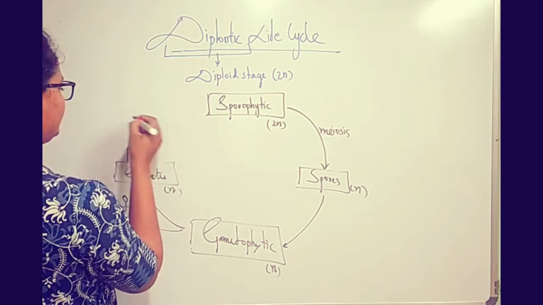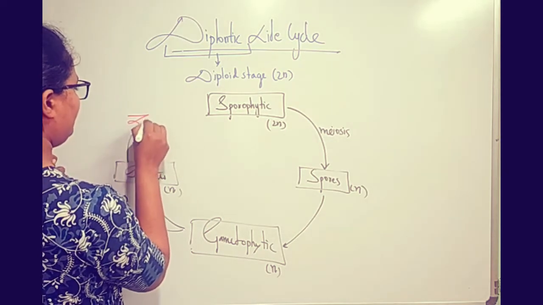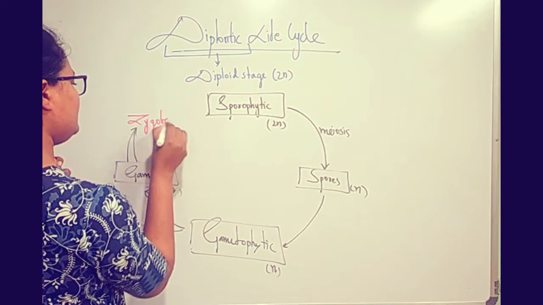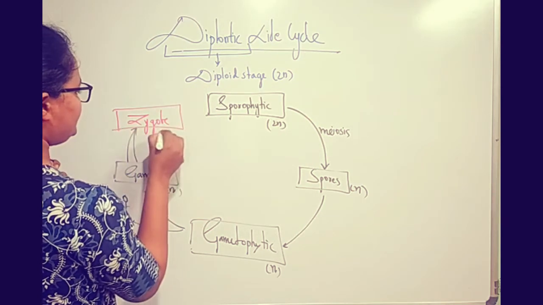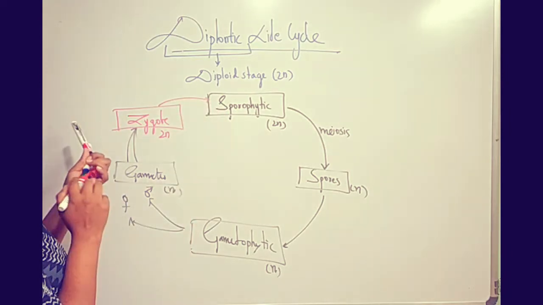These gametes fuse and form the zygote, which is diploid, and this zygote will give rise to the sporophyte.